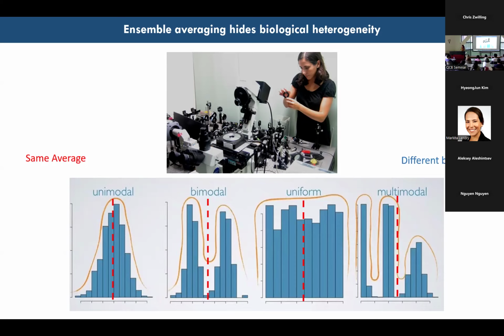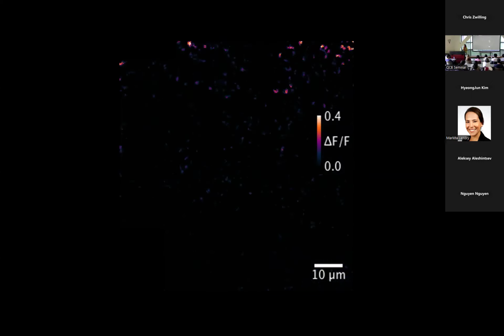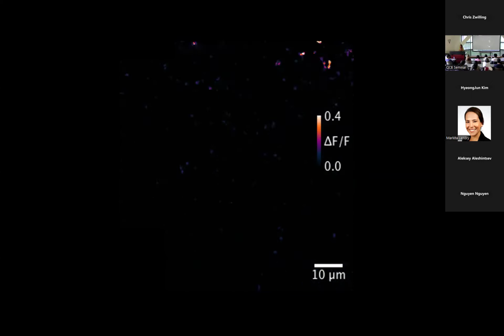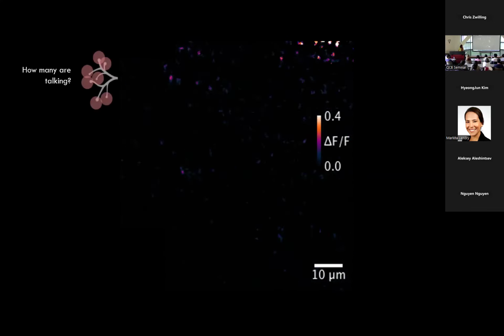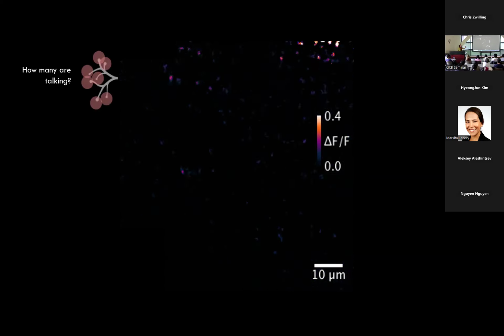And so moving forward, we shifted to analyzing all of our data using this component of the spatial information that we're getting, right? And when we no longer average our signals, but instead look at what each release site is doing, we can now count or quantify, for example, something like release site density, right? Within an imaging field of view where you have many neurons, how many of those are actually talking, right?